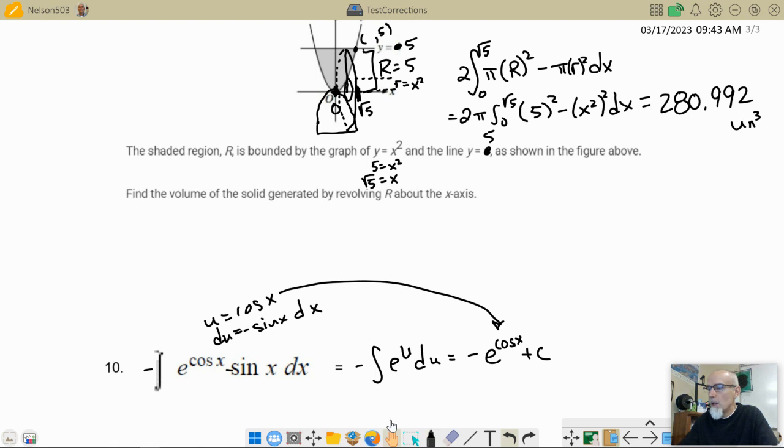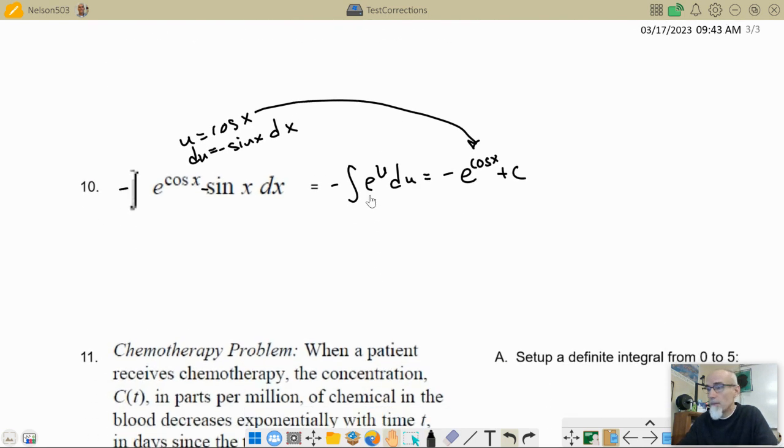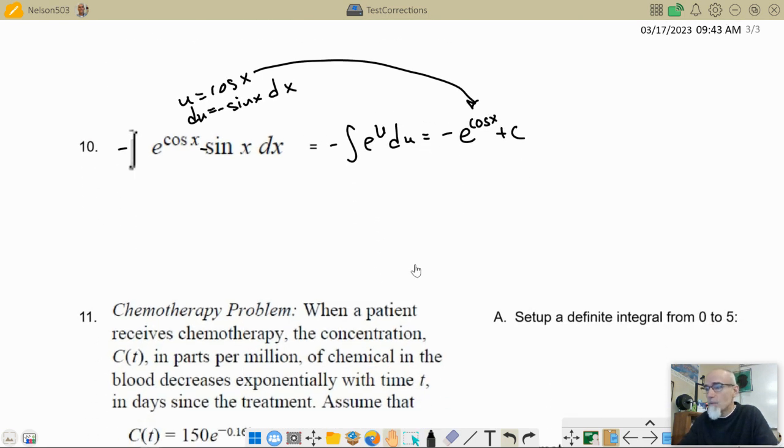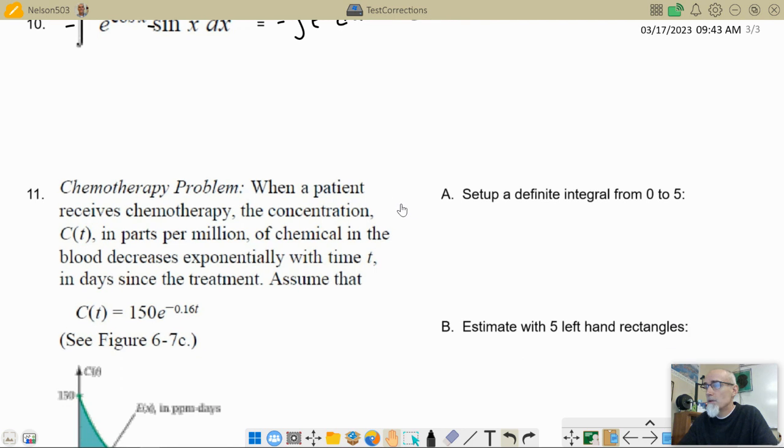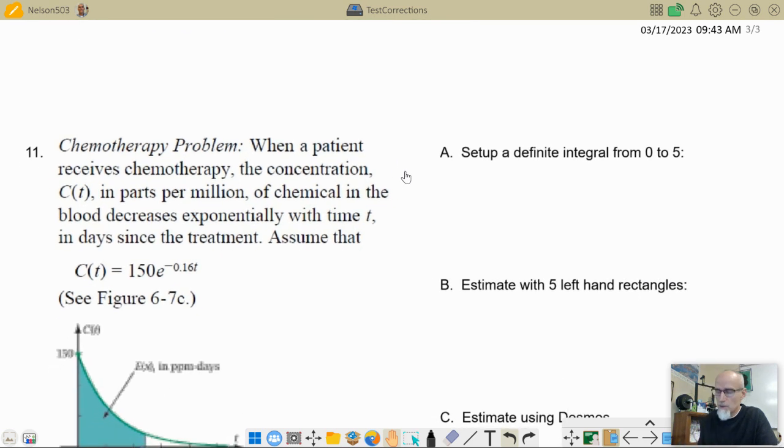On number 11, I'm hurrying because I'm running out of time here. This guy right here on number 11 just wanted you to set up a definite integral from 0 to 5. So we're going to go from 0 to 5 of that function over there, 150 e to the negative 0.16 t dt, okay?